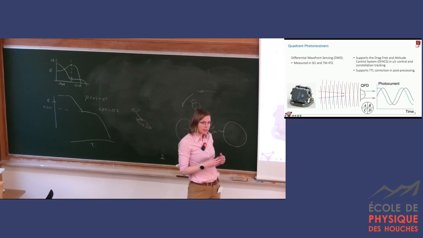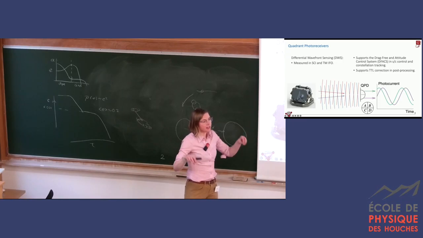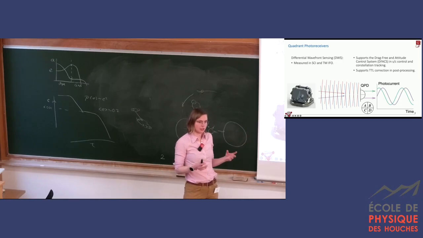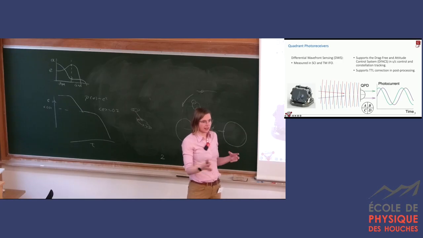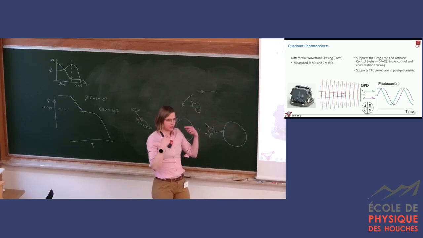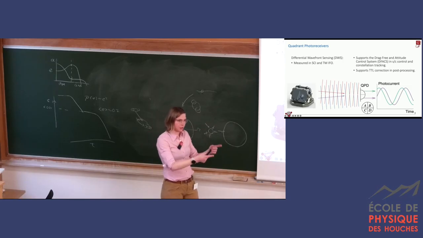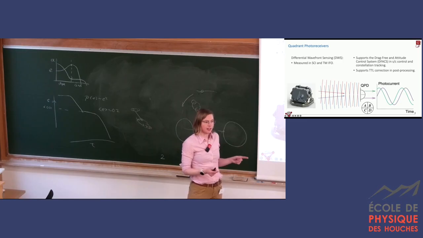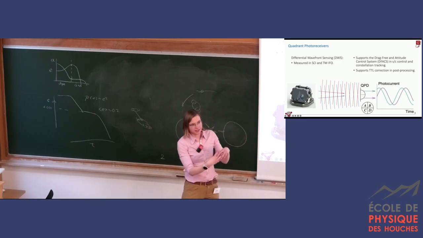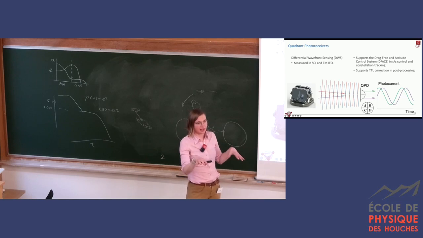Now, if we subtract, we measure the phase difference across those quadrants. This is directly proportional to the angular misalignment between those beams. That's being fed to DFACS, the drag-free attitude control system, which now can tell, hey, we are misaligned. This is combined together with the sensing from the test mass and corrects the spacecraft position.